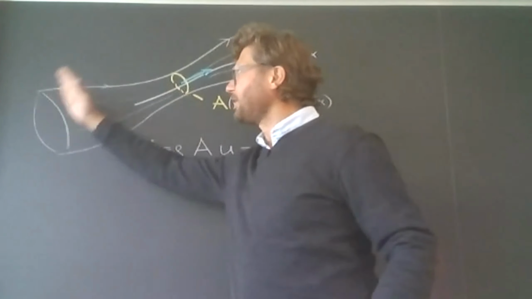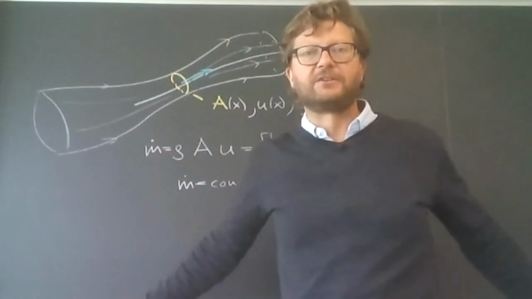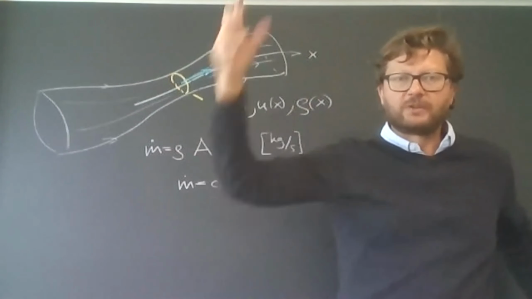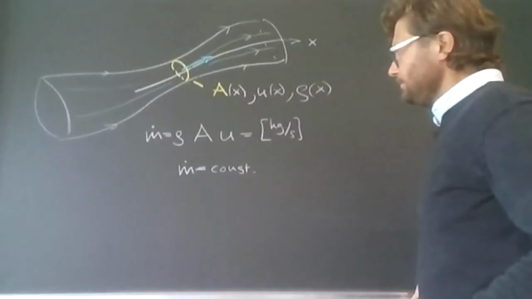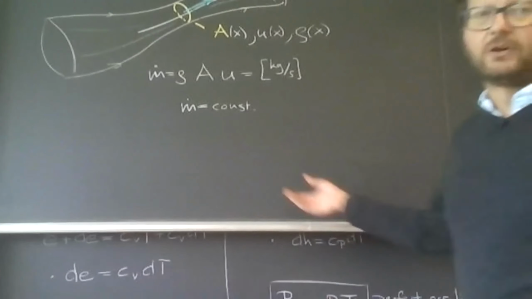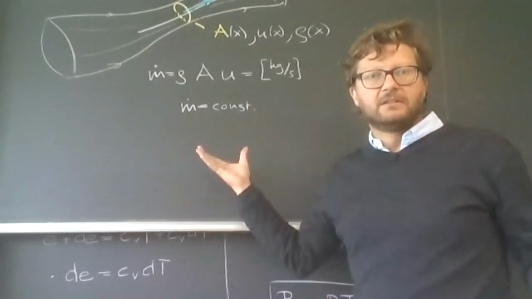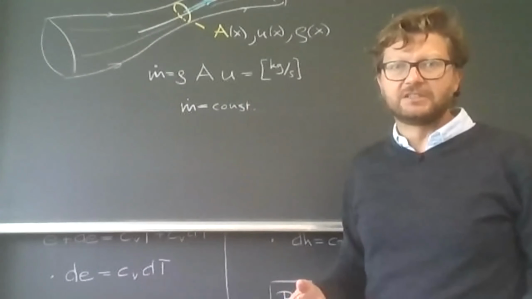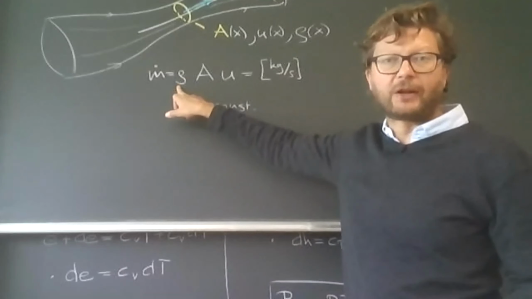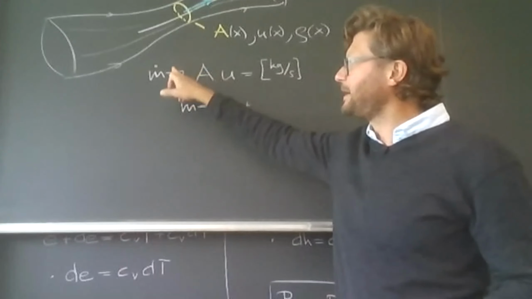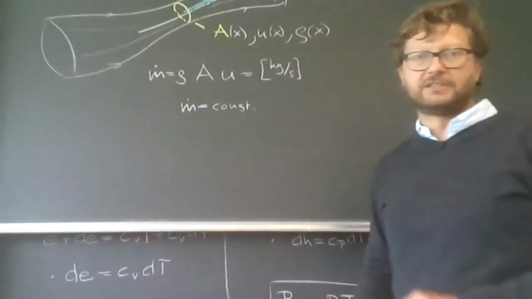Whether we're in this cross-section, or the other cross-section, or any cross-section for that matter, the mass flow rate should always be the same. So this is actually the law of mass conservation. And the only difference to incompressible flows is that we're now keeping the rho here because rho can also change.